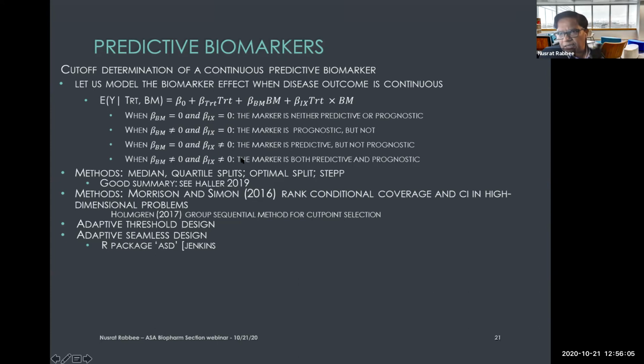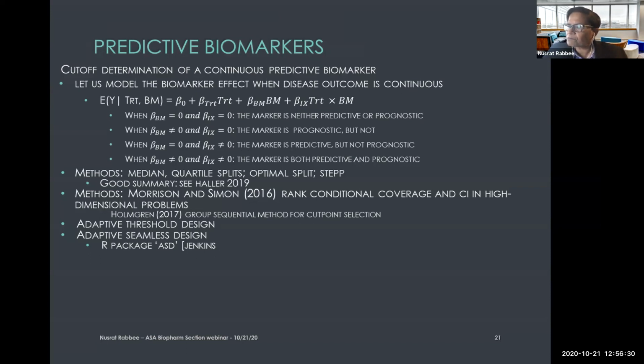You're interested in the last two situations essentially. And it's a very, very difficult job because often you don't have enough subjects to have enough power to reject this interaction term.